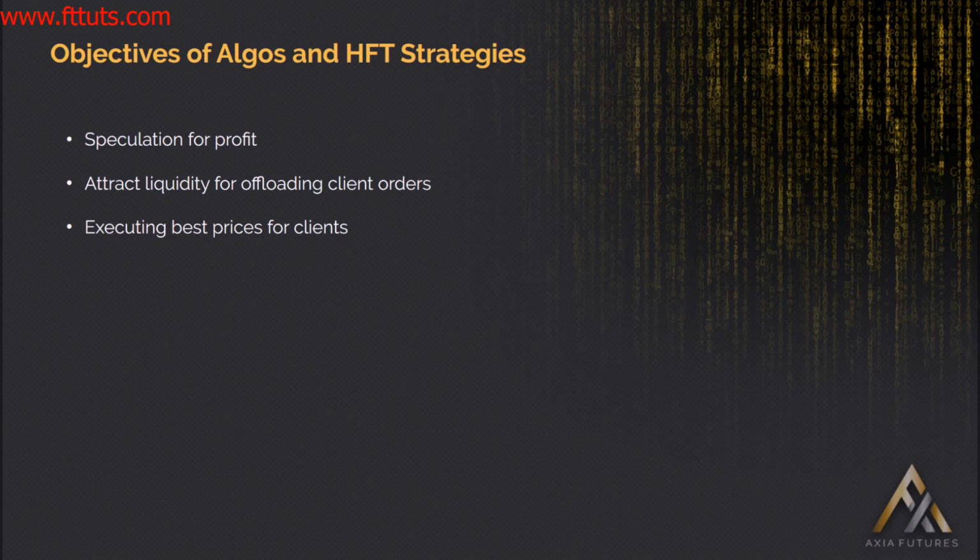You could have a really large order for a client, and you need to optimize by getting the liquidity in the marketplace. So if you're able to effectively boss the market around and achieve liquidity from all the traders or the locals in the market, or against other algorithmic systems or HFT systems, you want to attract the liquidity in order to offload your clients' orders.